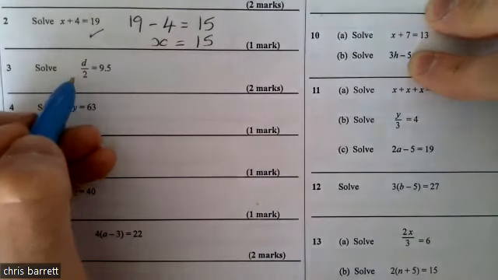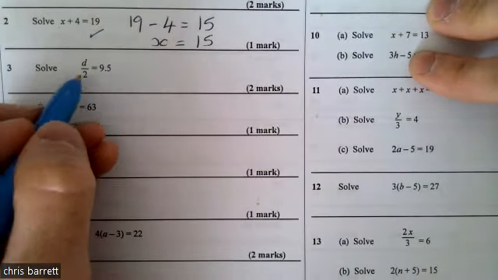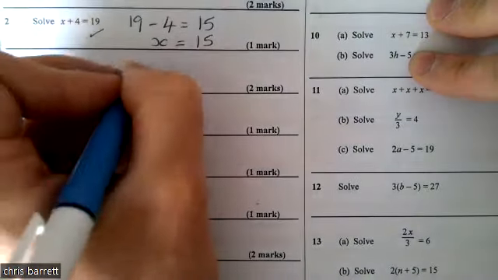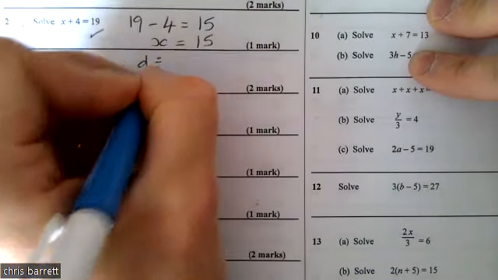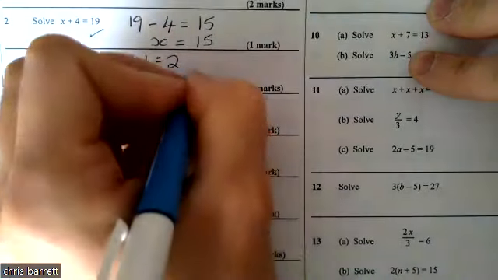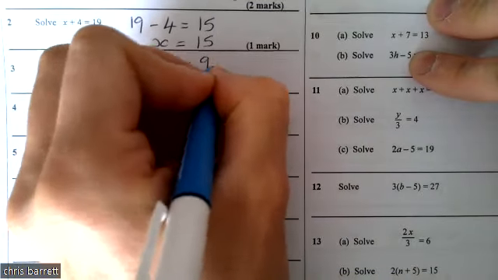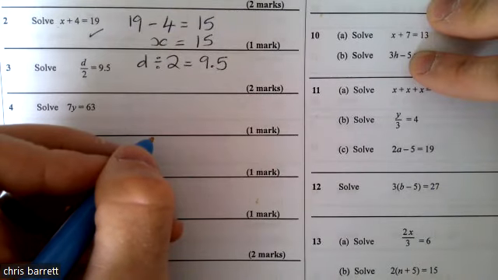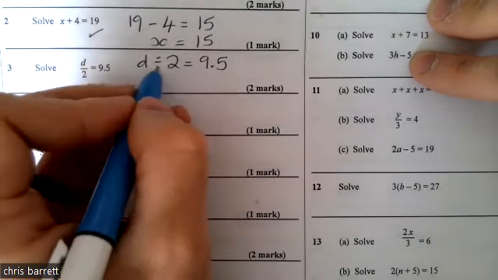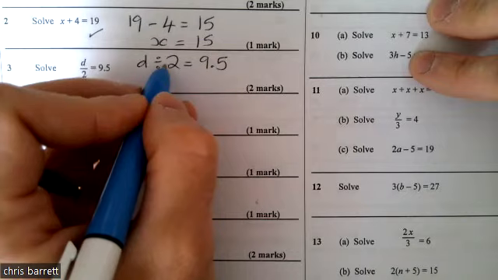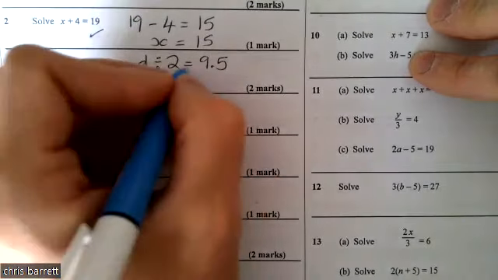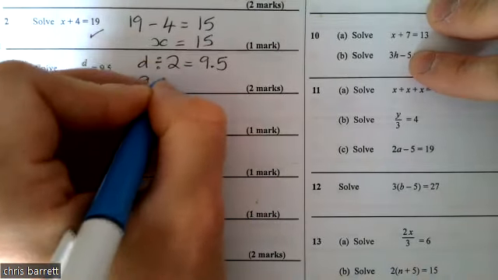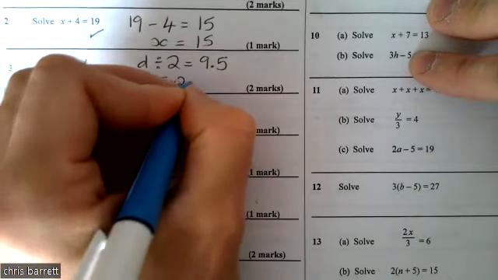This time, my top tip would be to write it out again using the division sign. So I'm not going to do any inverses just yet. I've got d divided by 2 is equal to 9.5. Now I can look at doing the inverse of that. Now I can see that sign and it's in my head, right? I now need to multiply by 2. So I've got 9.5 multiplied by 2.